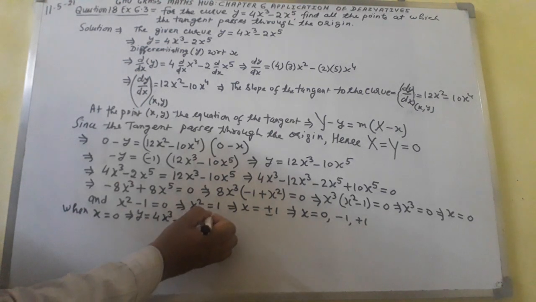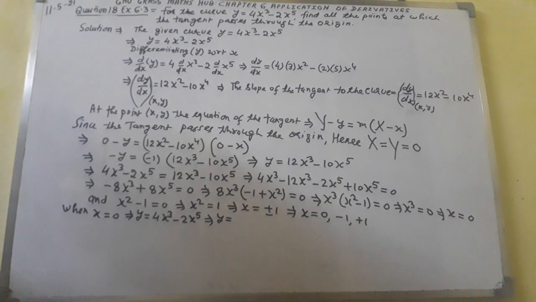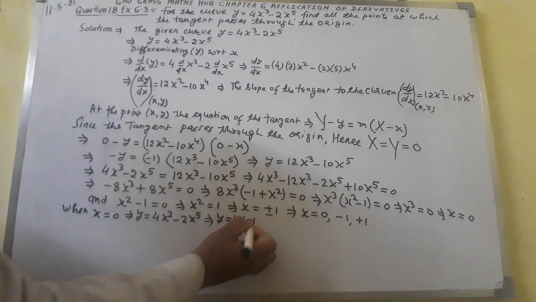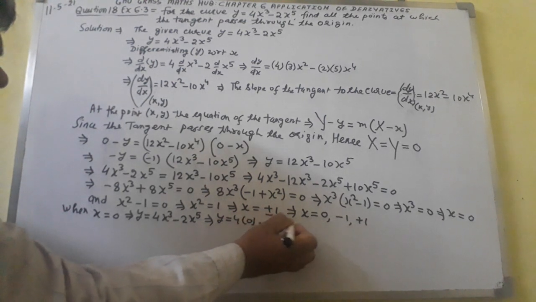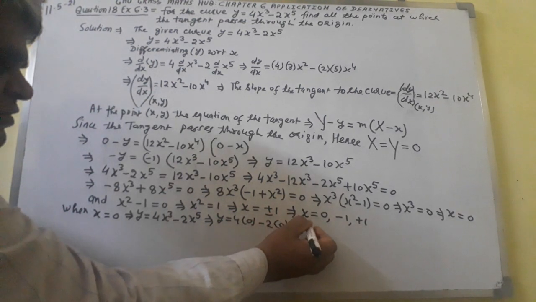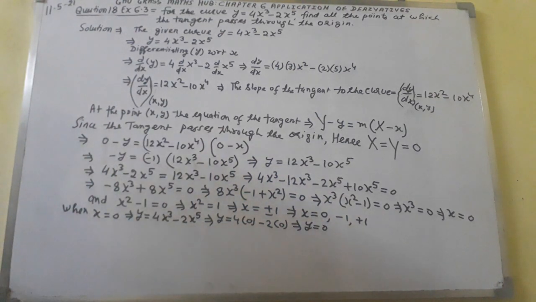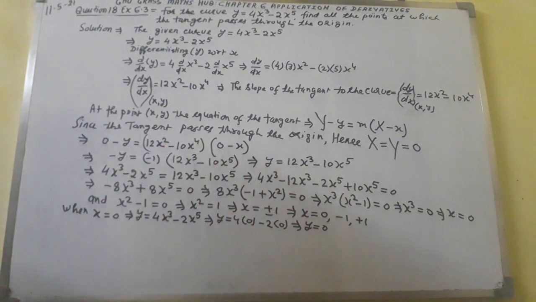We shall get y equal to 4 times 0 minus 2 times 0, which comes out to be y equal to 0. X equal to 0, y equal to 0, we have got 1 point.